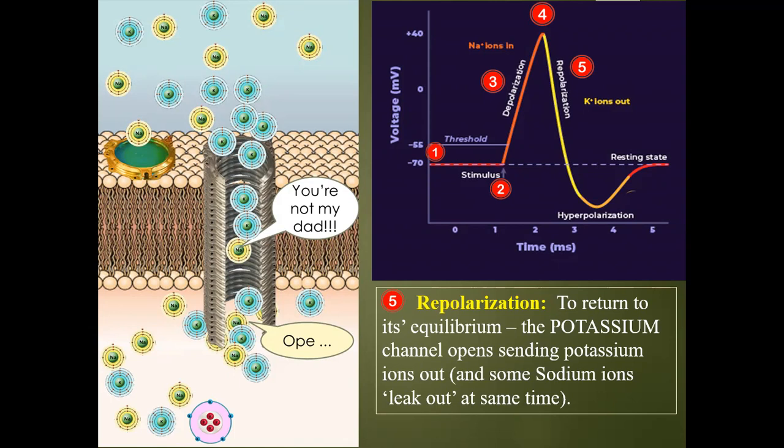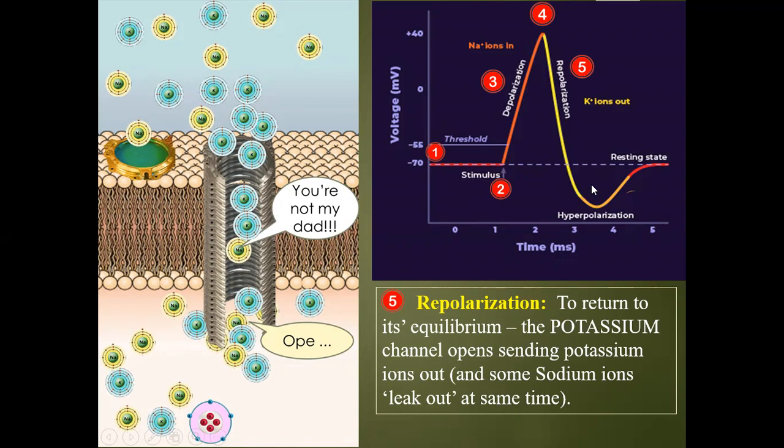As a consequence, notice as we look at our graph, here's supposed to be our landing point. We're supposed to land here at -70, our resting point. Notice that we overshoot the mark. Now, at this point, there is no specific voltage level I'm expecting you to know. This does vary. A number of factors may make it vary more or less. But we're going to overshoot the mark.